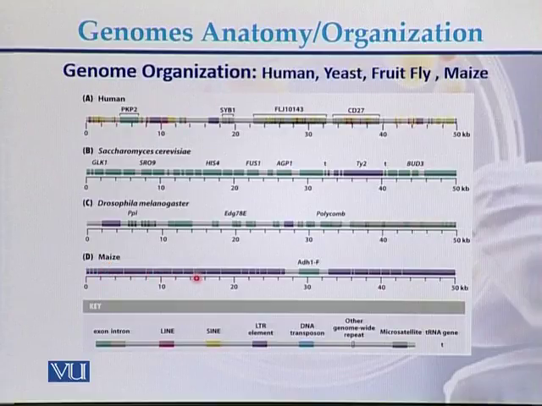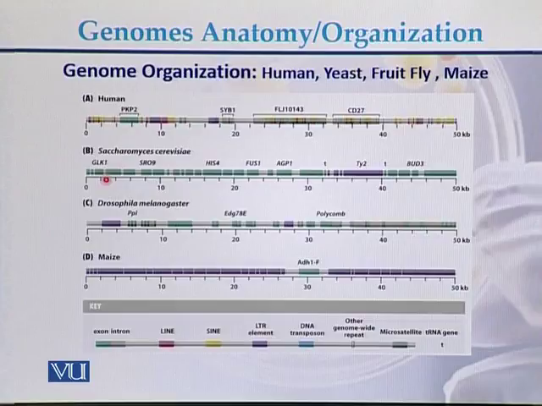and the genome of the maize. So when we do the comparison between the genomes of different species, we can see here the exons and introns. In case of humans, we have just seen that there is a single gene on the entire fragment of the human genome.